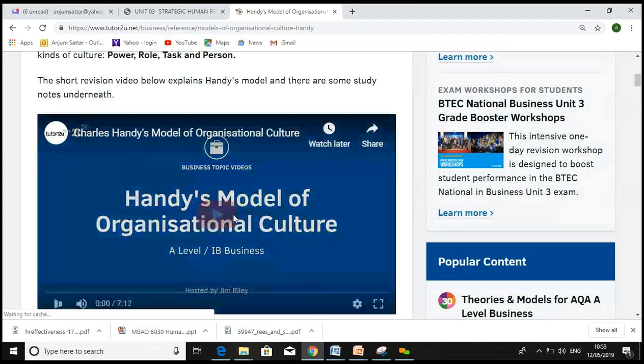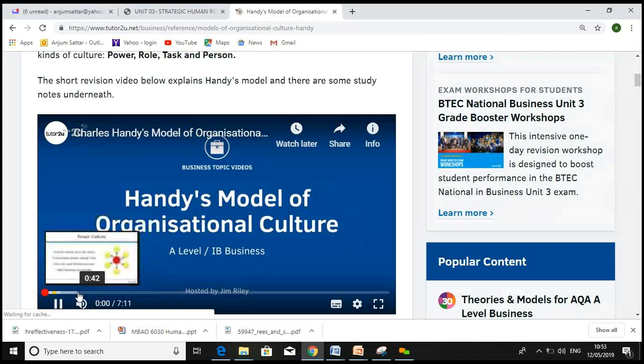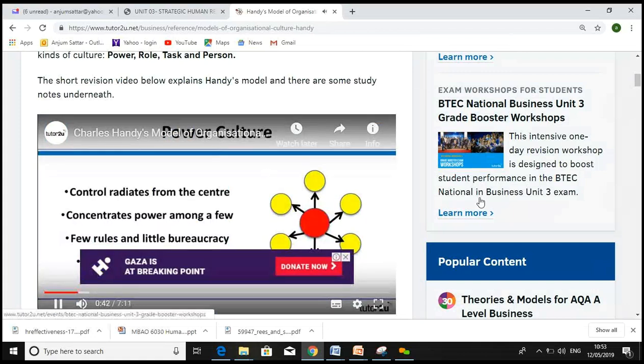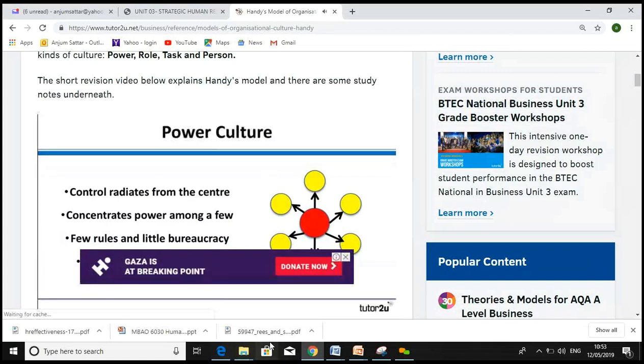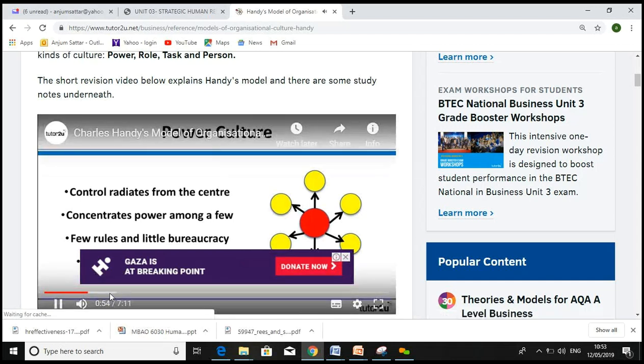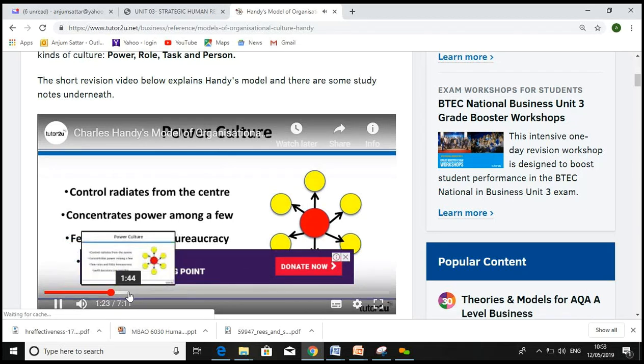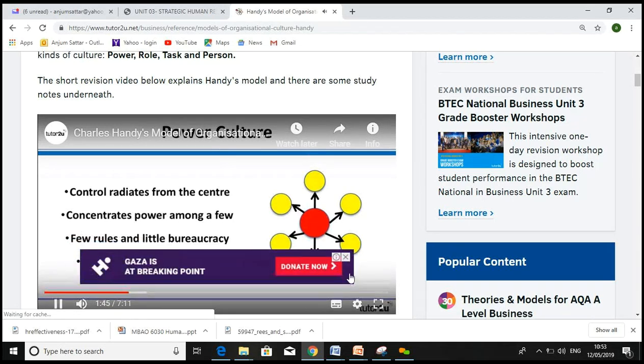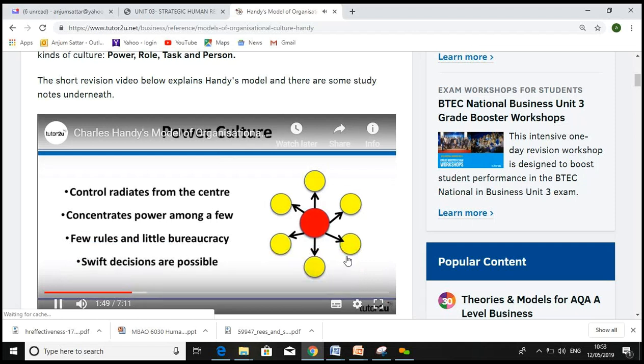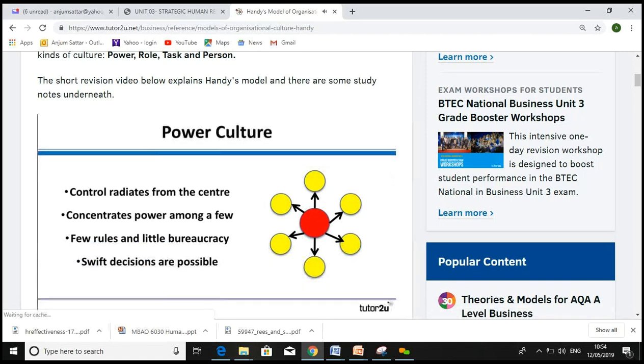If you want, that is quite good. Power culture concentrates the power among a few, with few roles and bureaucracy in our organization. That can be a culture in our organization. Various organizations fail due to the power culture.